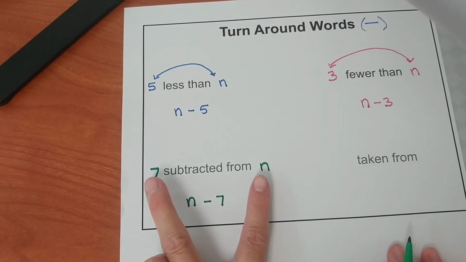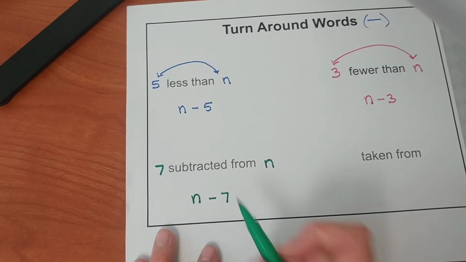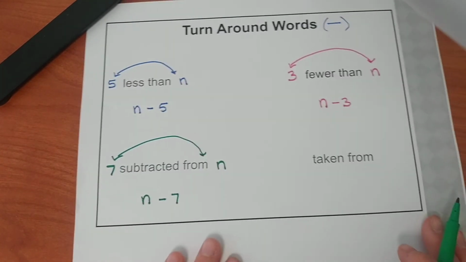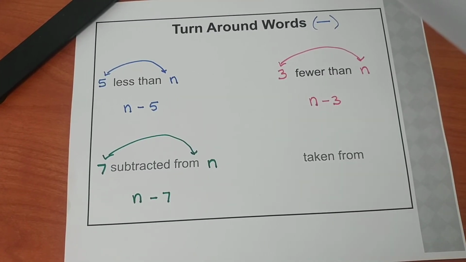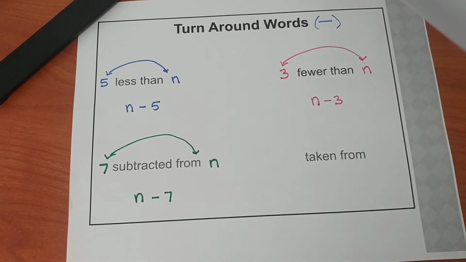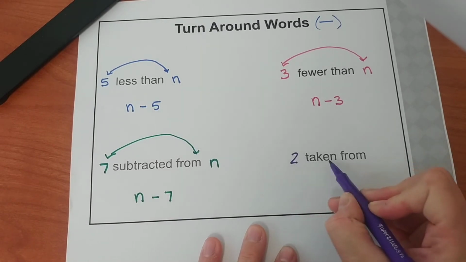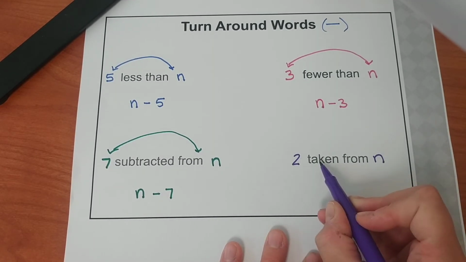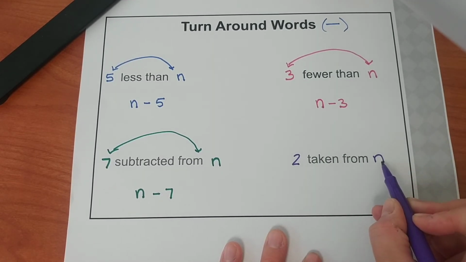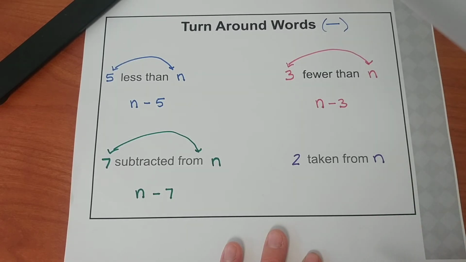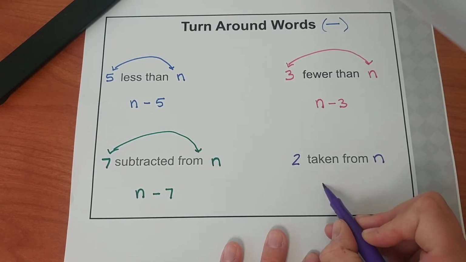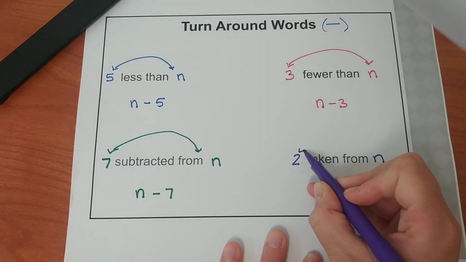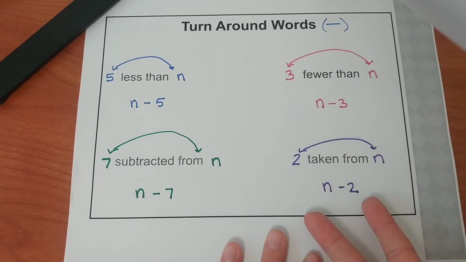Again, even though I see the 7 before the n, I have to switch them around when I write the expression. And the last one here, the words taken from. What if I have 2 taken from n? Okay? Think of this as 2 taken from the number that's your age. What's 2 taken from your age? Well, that would be your age minus 2. So again, the 2 and the n switch.